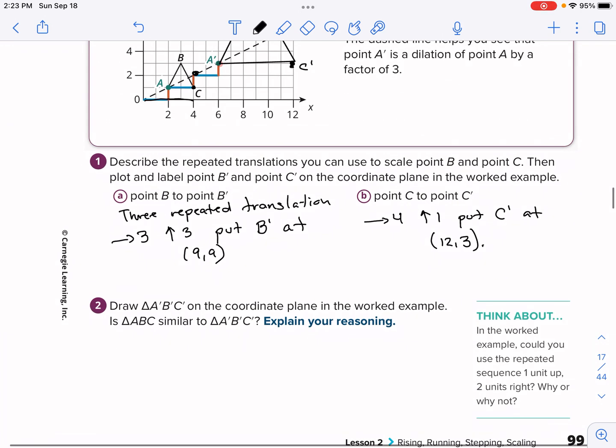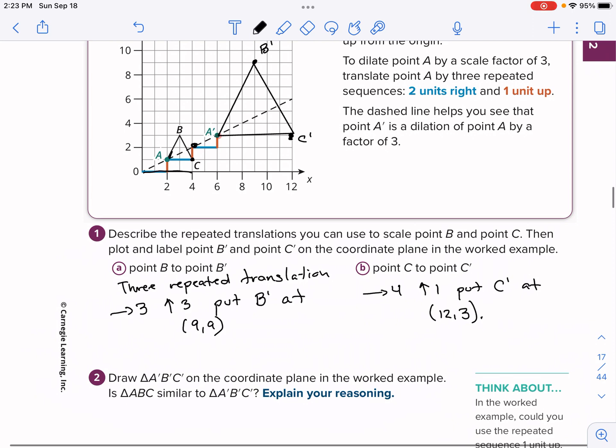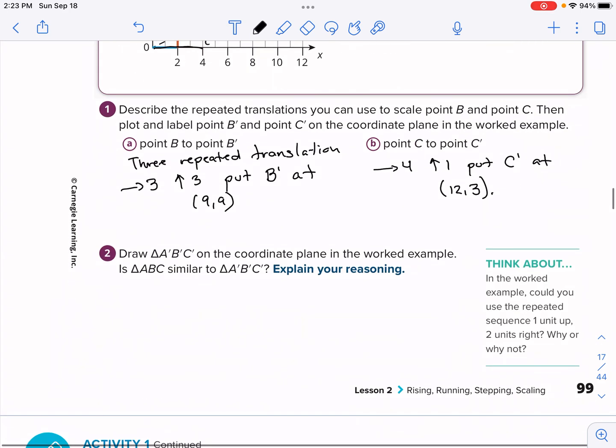Now the question is, is triangle ABC similar to triangle A prime, B prime, C prime? We're just answering, is this shape right here the same shape as this one? Meaning if I were to make triangle ABC bigger, would it match the image triangle, or if I were to shrink that, would it match the smaller one? Yes, they are similar.